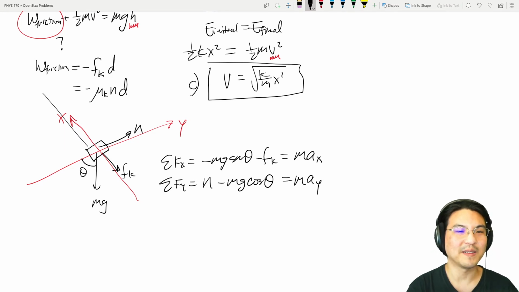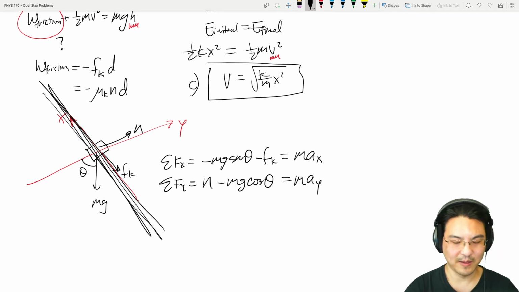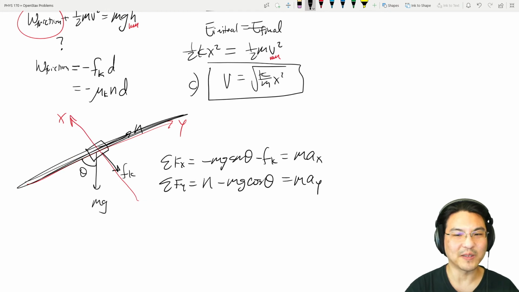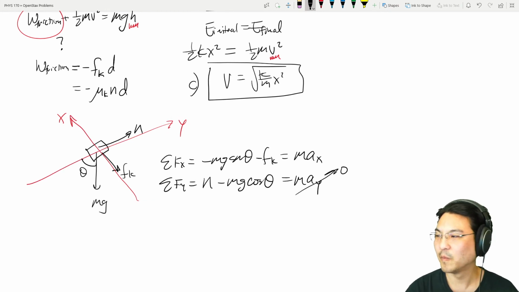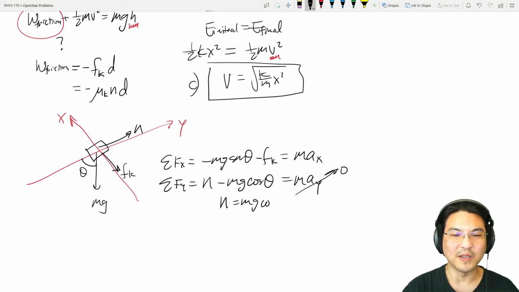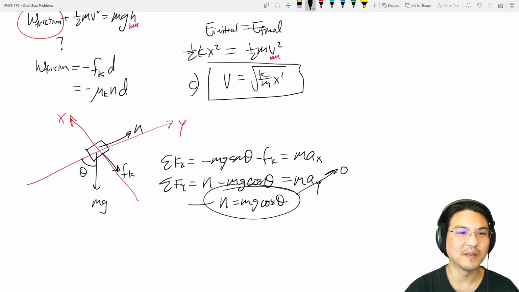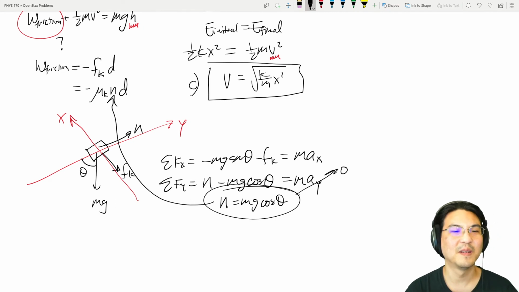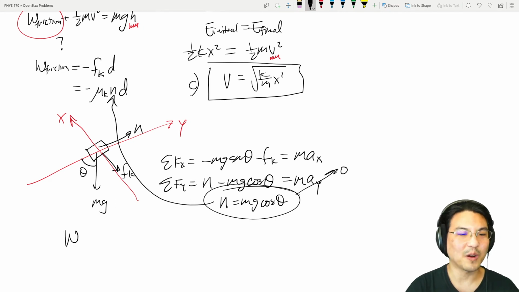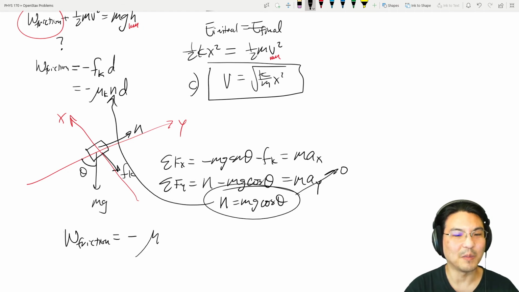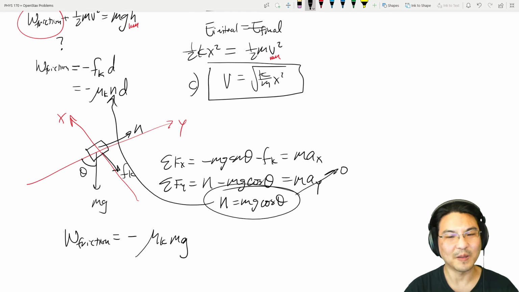But since the block is only going this way, there's no motion in the y direction. So ay is 0. So that means n equals mg cosine theta. So look, that goes right there. So that means the work by friction is minus mu k mg cosine theta times d. All right, d cosine theta.